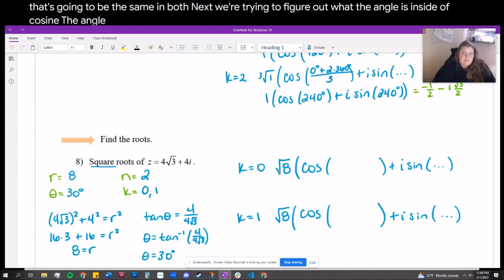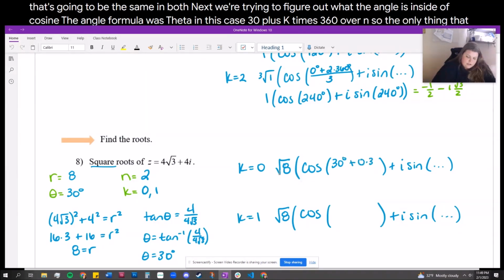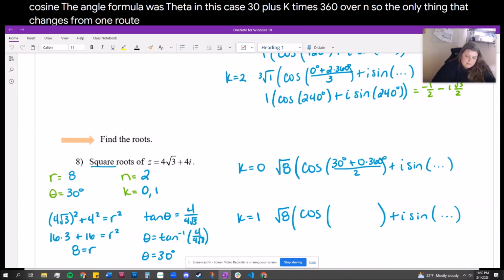The angle formula was theta, in this case 30, plus k times 360 over n. So the only thing that changes from one root to the other is the k value.